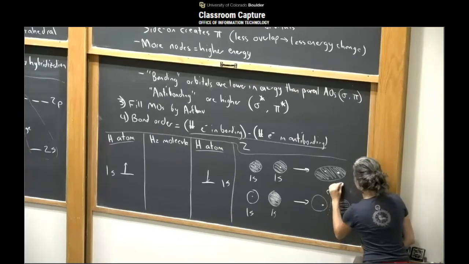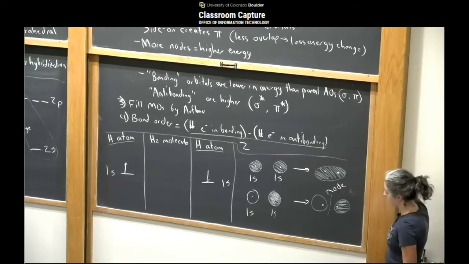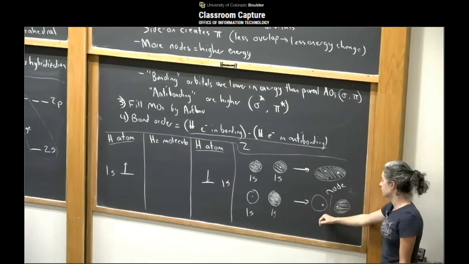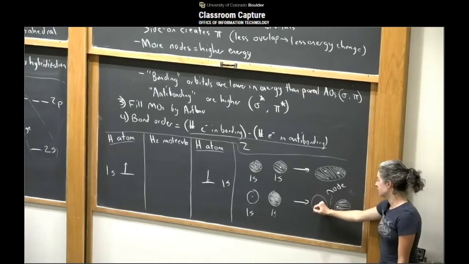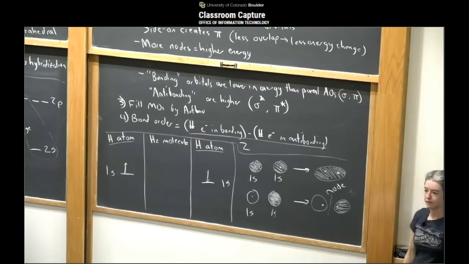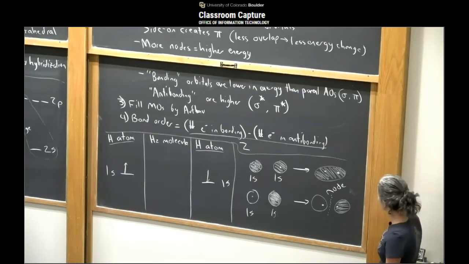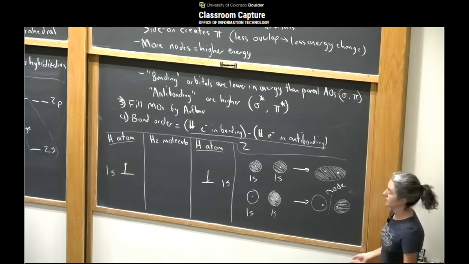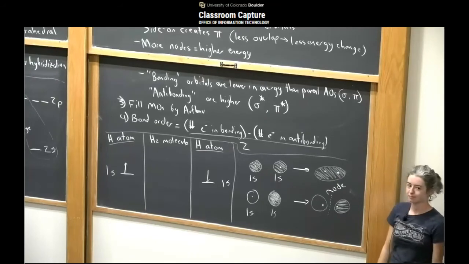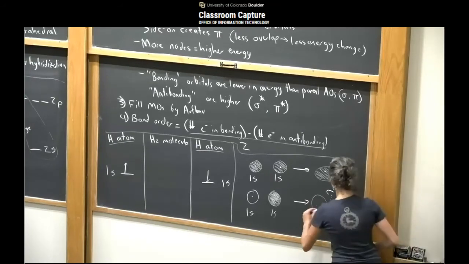So that's a new node. And that makes sense, right? Like we always saw before when we're looking at atomic orbitals that a node is any place where you can cross over and go from light to dark or dark to light. So that's what we're creating when we bring them together out of phase like this. Okay, so we know that more nodes means higher energy. So top or bottom, which one of these is higher energy? Bottom, right? Yeah. So this is higher energy.